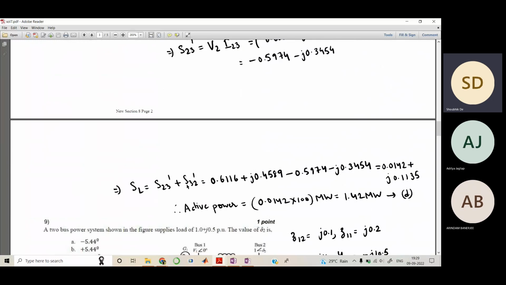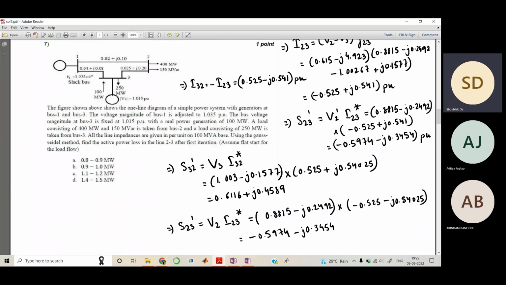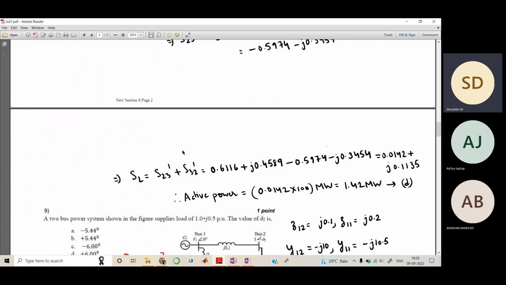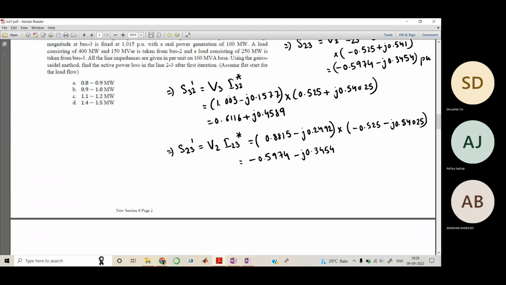Here you may be a bit confused: why this plus? This would basically be minus, right? But your I32 is already minus of I23, so this sign is already taken care of in this small operation: I minus I32 is minus of I23.